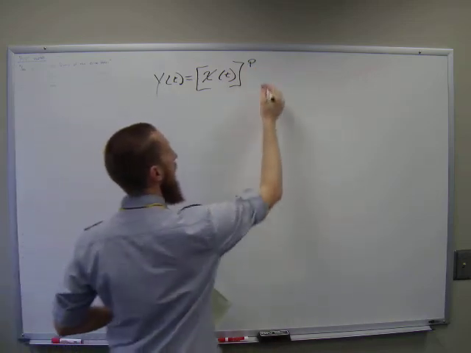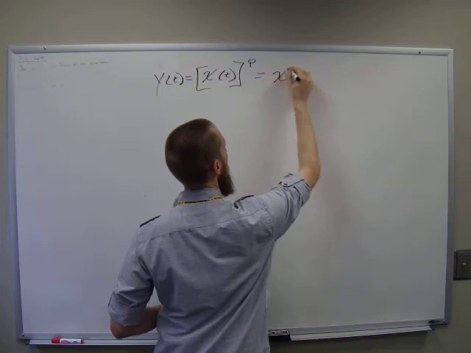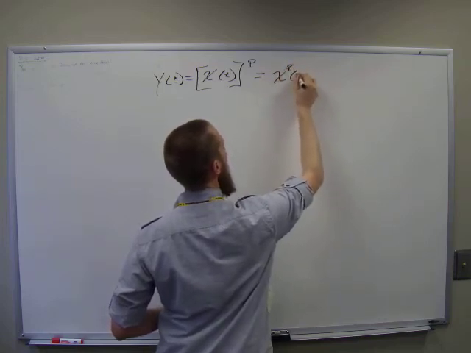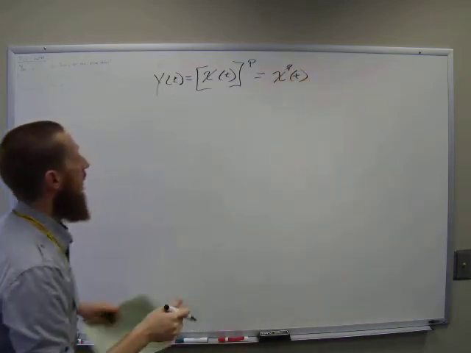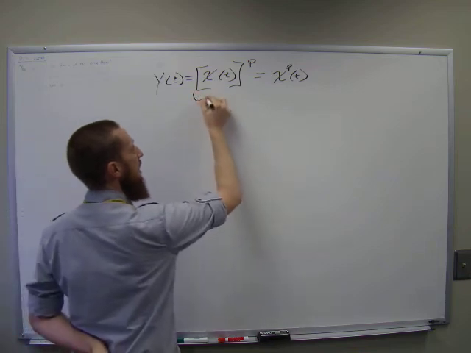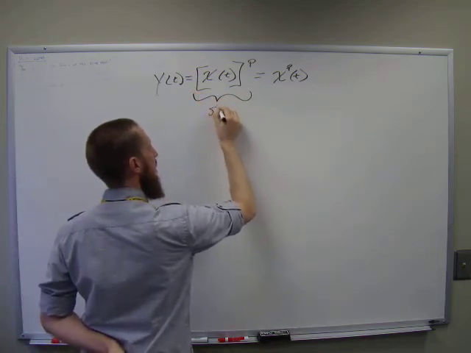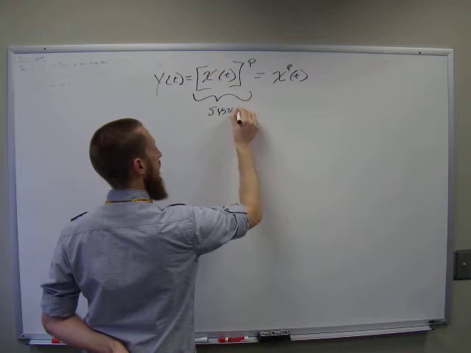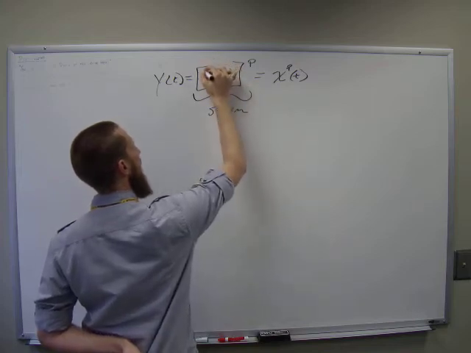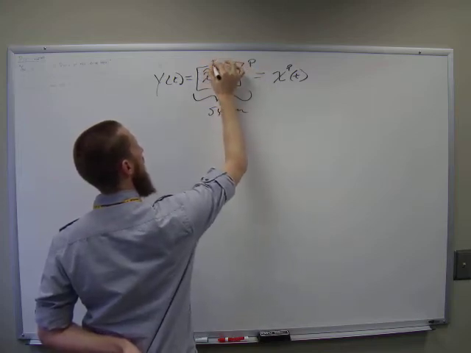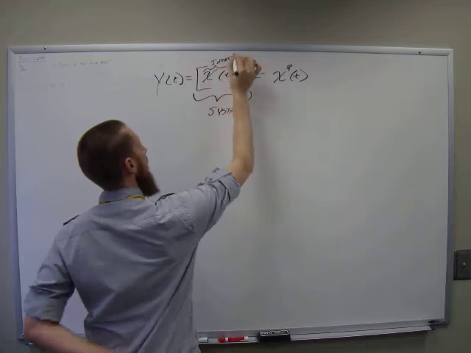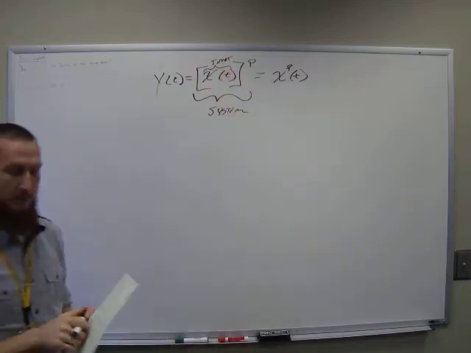Another way of writing this is x to the p of t. Okay, so this is the system, and this is the input. So, is this system linear?